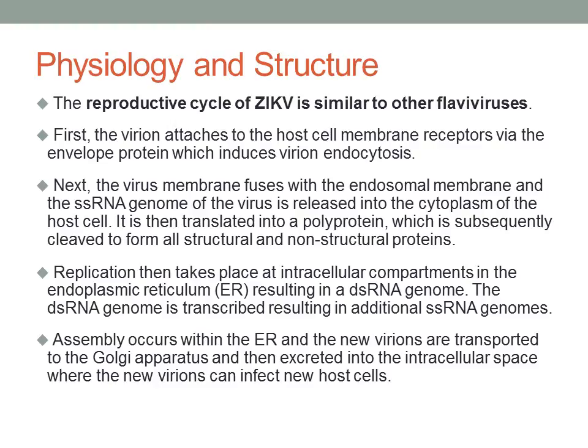Assembly occurs within the endoplasmic reticulum, and the new virions are transported to the Golgi apparatus and then excreted into the intracellular space where the new virions can infect new host cells. So in other words, late phase replication and transcription take place in the endoplasmic reticulum. After the assembly, it is transported and the viruses are released. This is where the new virions can now infect new host cells.